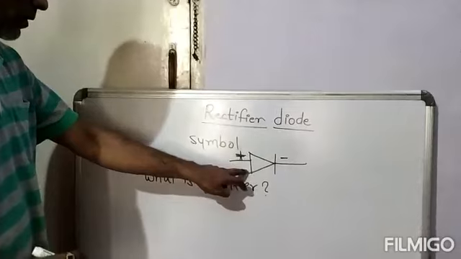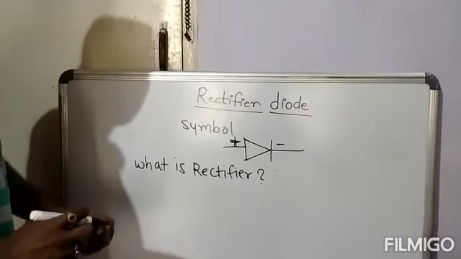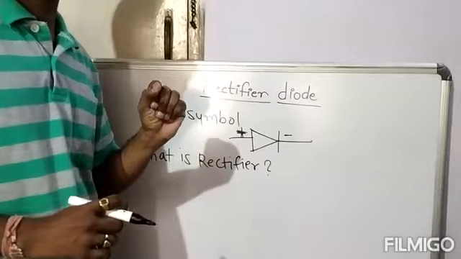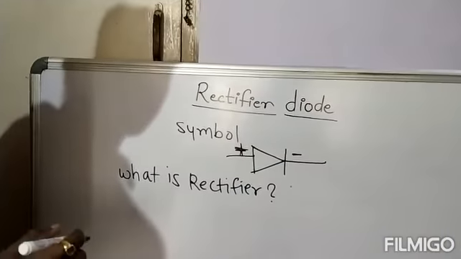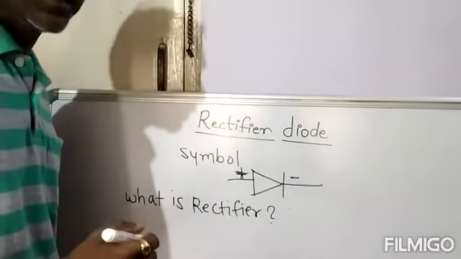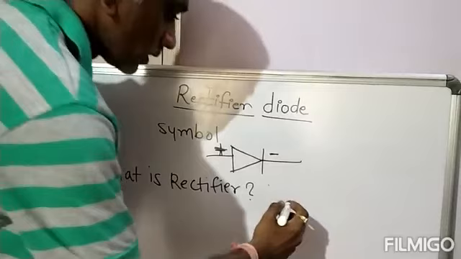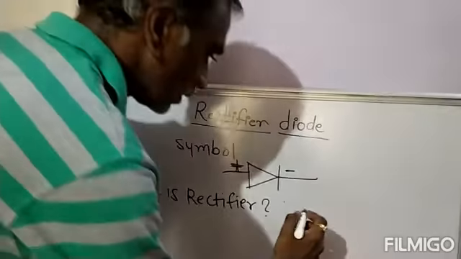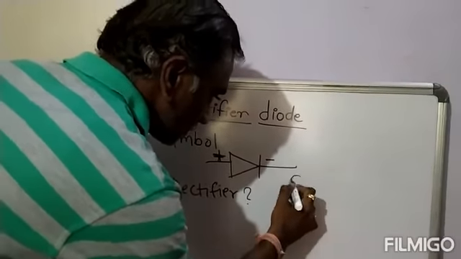Diode is a component which is used to develop a rectifier circuit. So, what is actually diode? Diode is nothing but a component which works in only one direction, that is the forward direction.